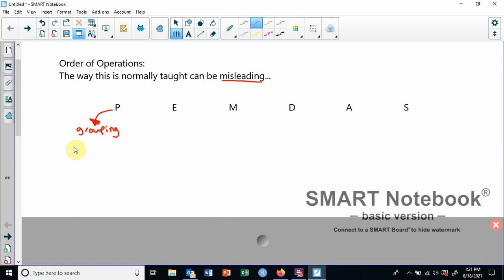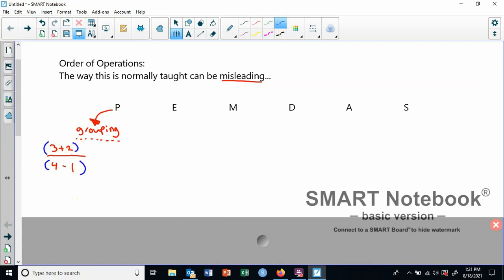Now, there are some grouping symbols that are implied, that are understood, that are not visible. One of the grouping symbols is when you have a big fraction with operations on top and on bottom. There are understood grouping symbols on the top and on the bottom of each fraction.